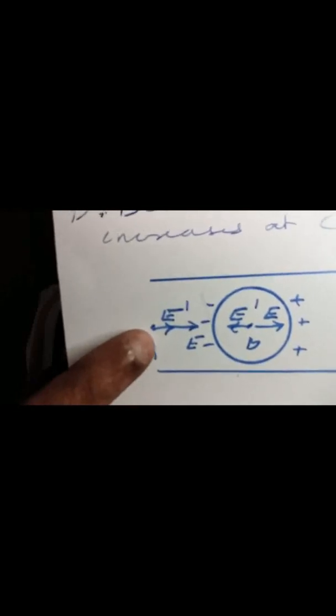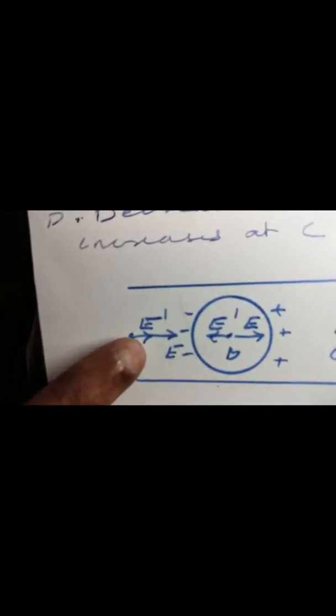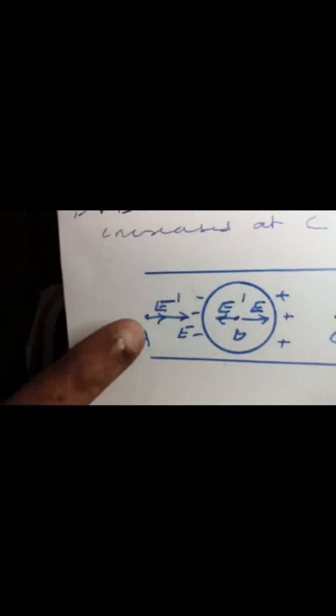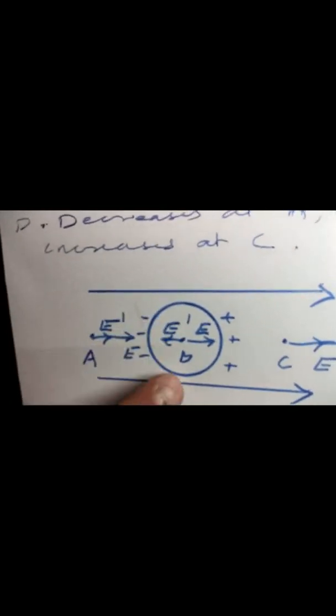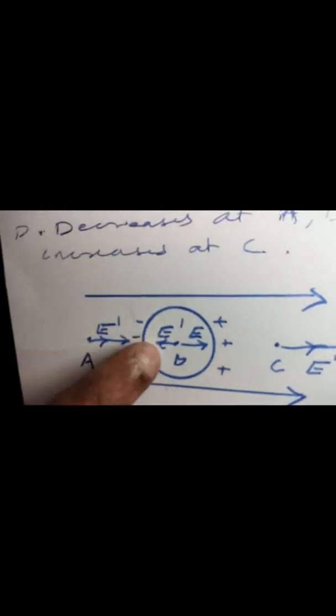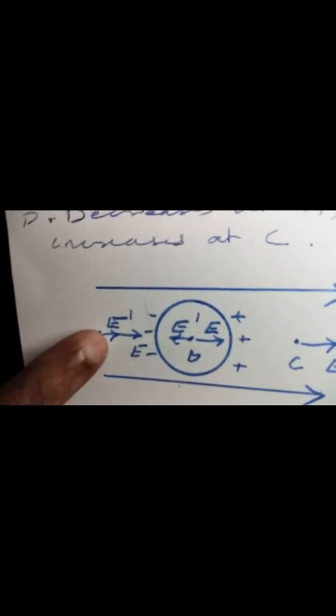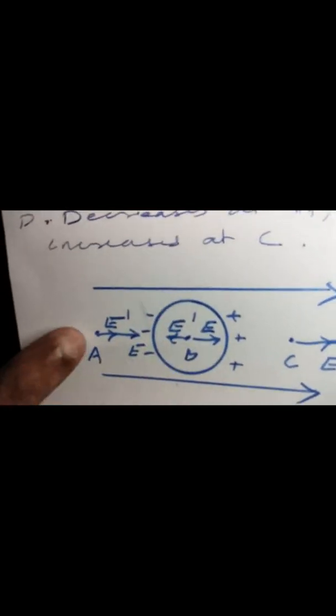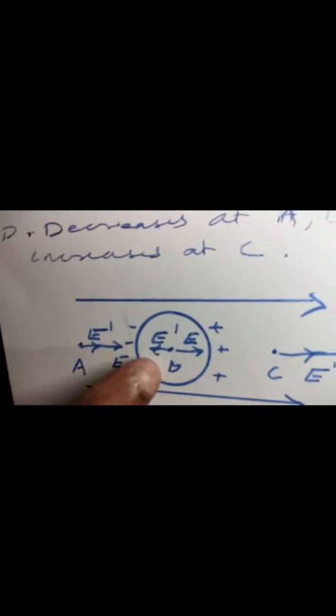Now at the point A, there are two fields. One is the original field E, like this. The other is the field due to the induced charge, this minus. This is a negative charge, so the direction of the field due to this charge is towards this.